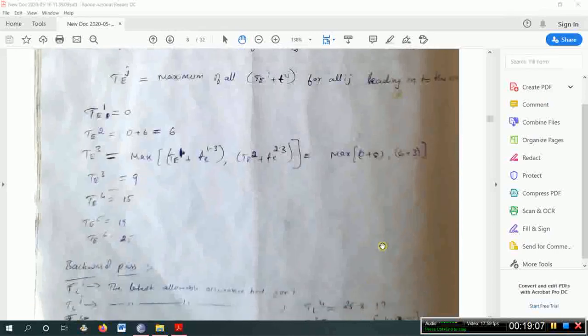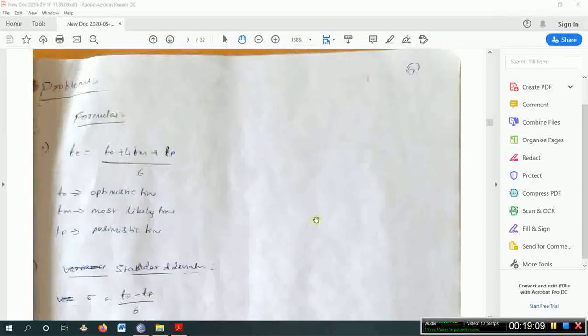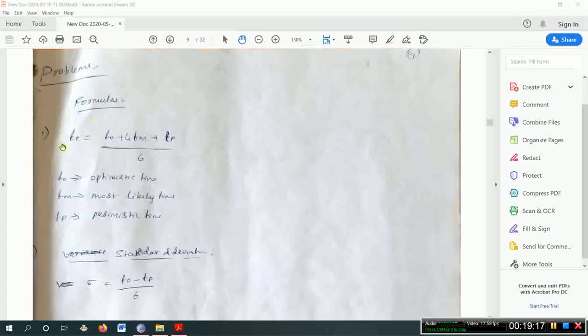Now let us solve one problem. For PERT problems, just note these down and keep them in mind. These formulas are important. Small letter t relates to the activity. There are three time estimates in PERT, which will be given in the question itself.